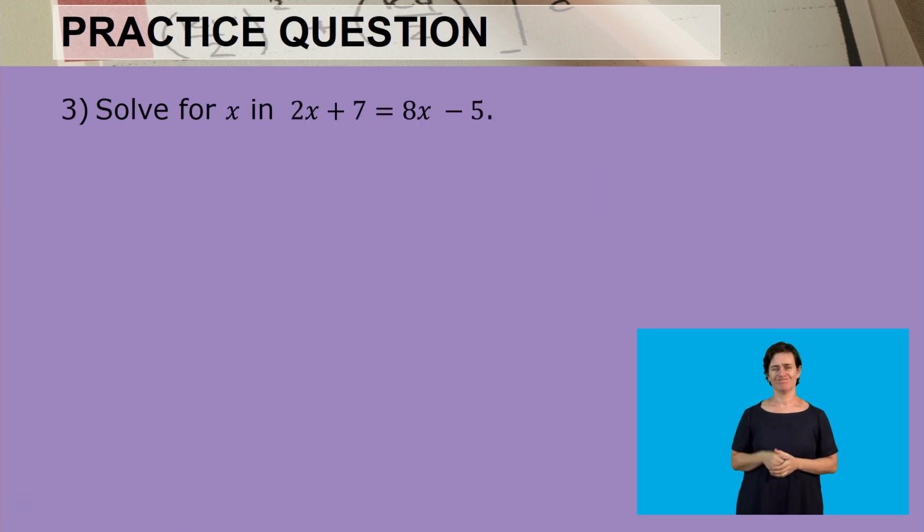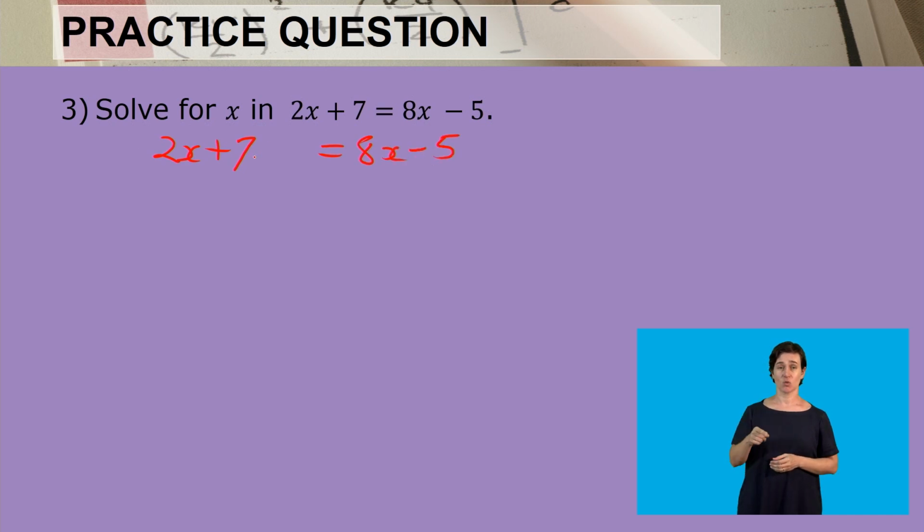The next question is: solve for x in 2x plus 7 equals 8x minus 5. Let's rewrite that our way so that we understand how we are going to use it. 2x plus 7 equals 8x minus 5.